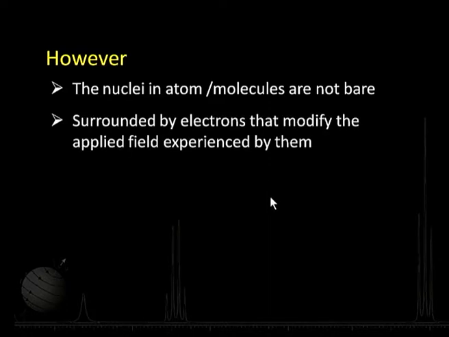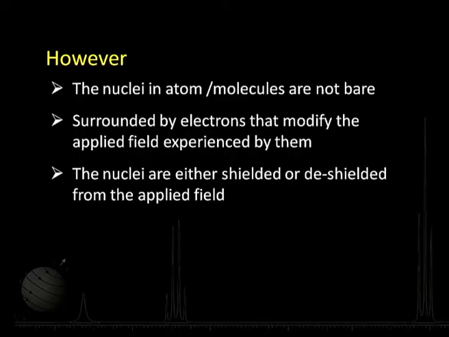Now, the proton I am talking about, because it is responsible for the spectrum, is surrounded by some kind of electrons, and that modifies the applied field experienced by it. That is very, very important here. I have a hydrogen atom in a molecule, say ethanol.